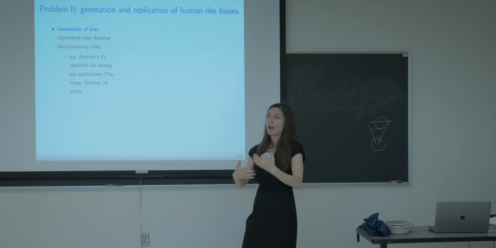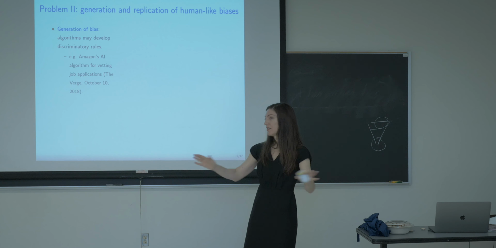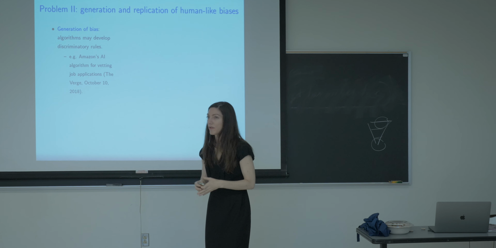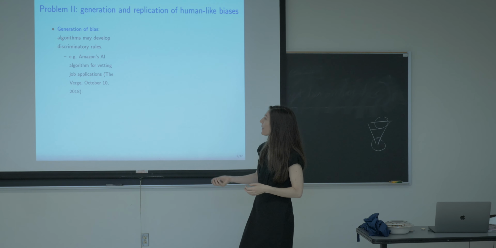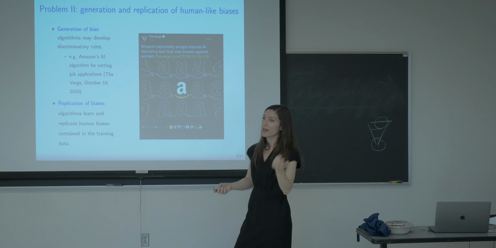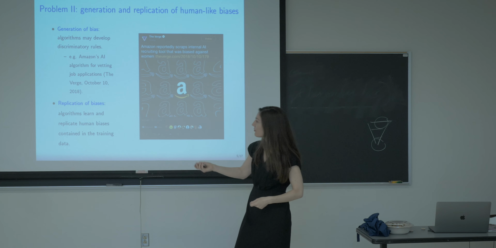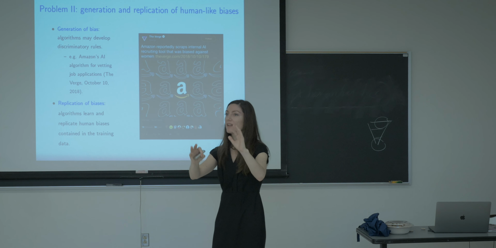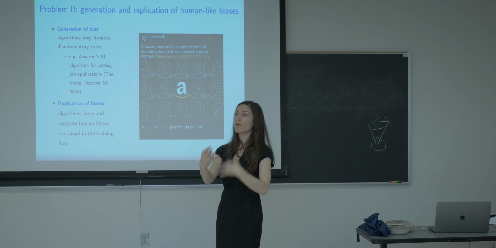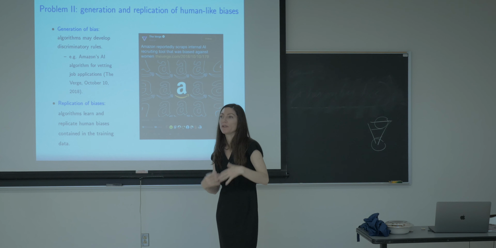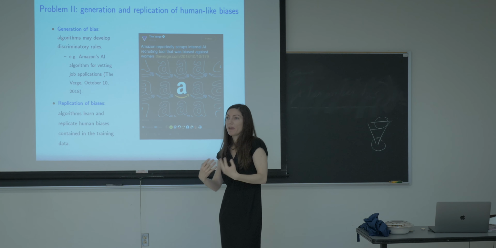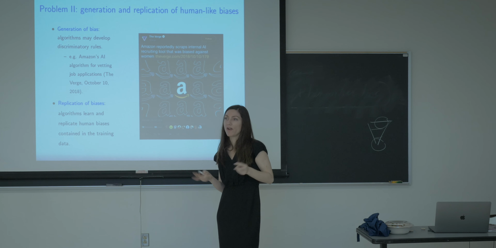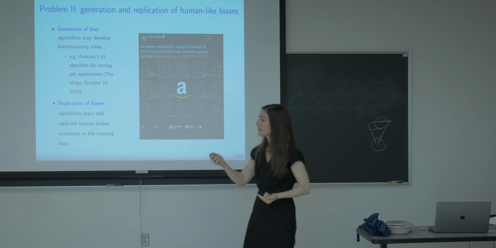When Amazon realized that was happening, they just stopped using this algorithm for hiring purposes. Again, I'm going to be focusing on situations where you have a data set that displays some biases, and we want to see what we can do to still use that data, but make sure that the algorithm doesn't learn to replicate the same bias.